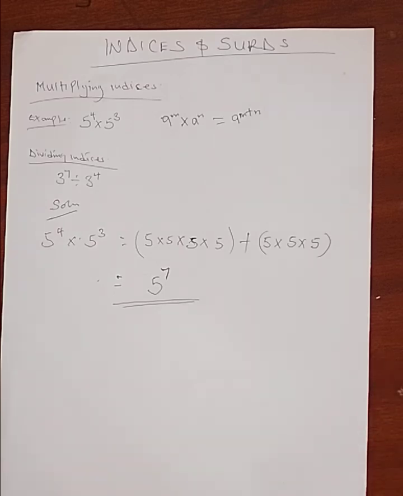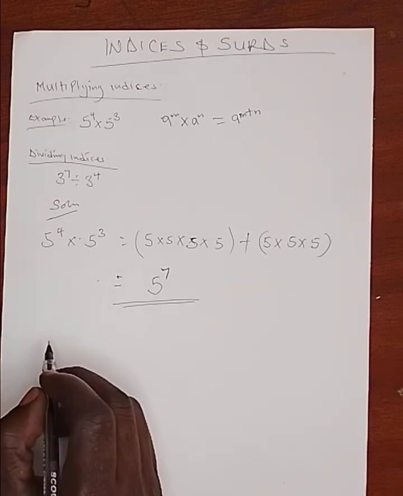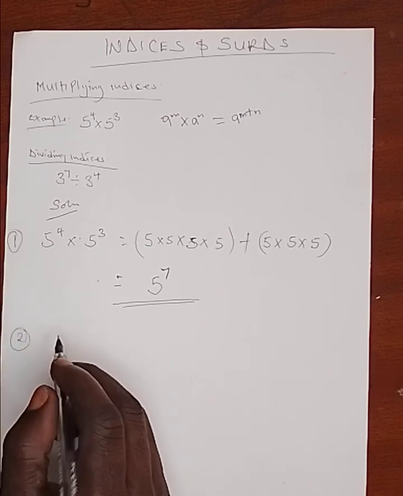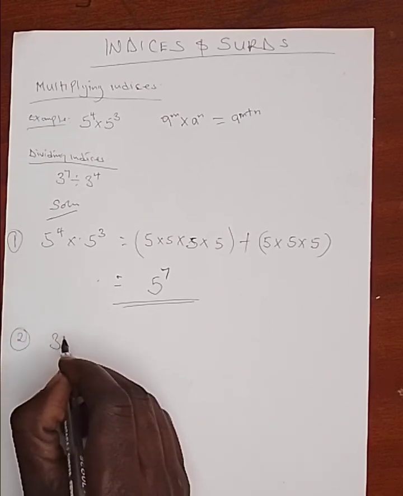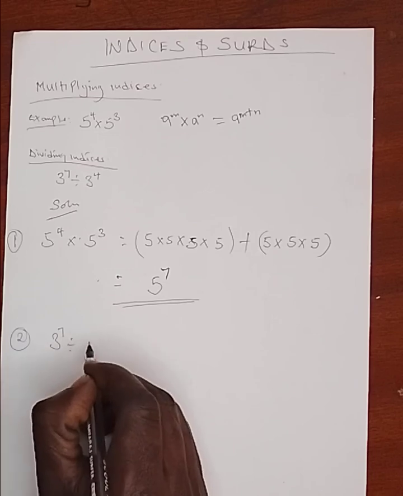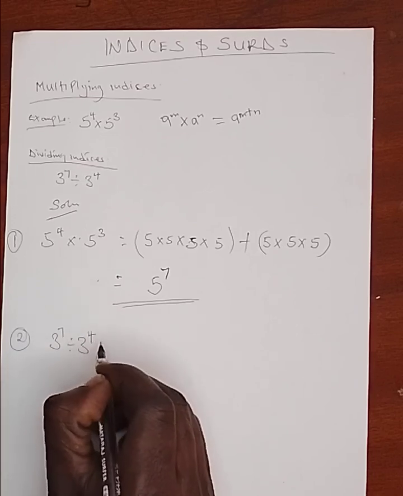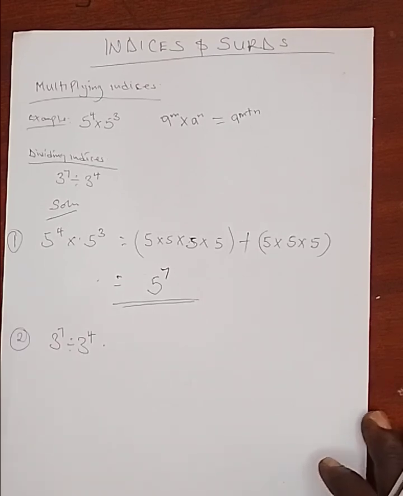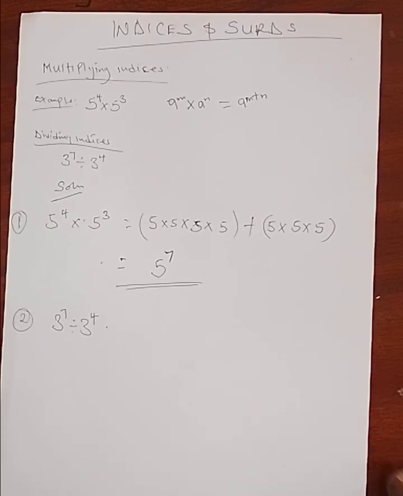Now let's go to the second equation, which is division. This is number 2, where we're going to divide: 3 power 7 divided by 3 power 4. So this brings the next rule for dealing with indices.